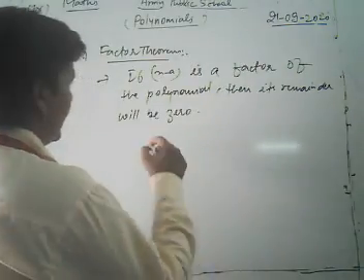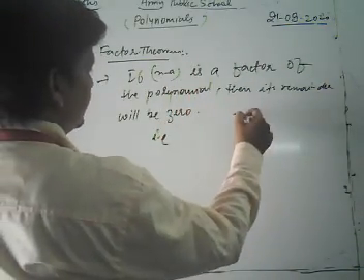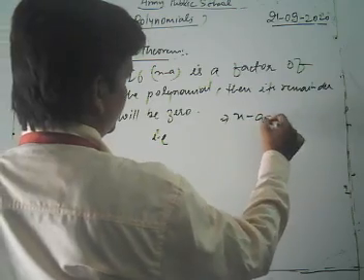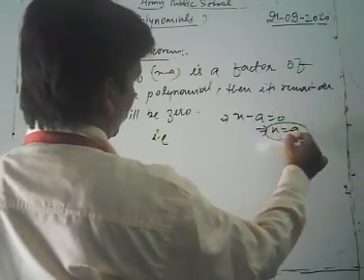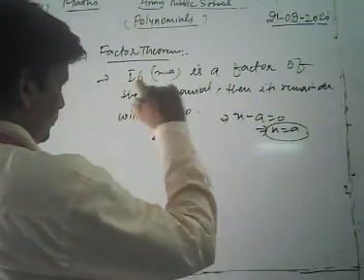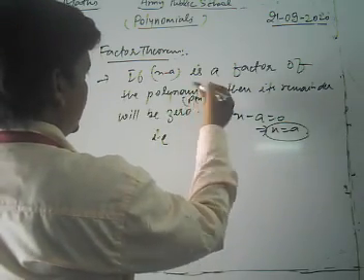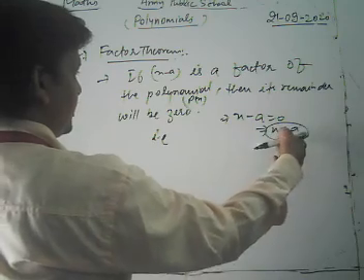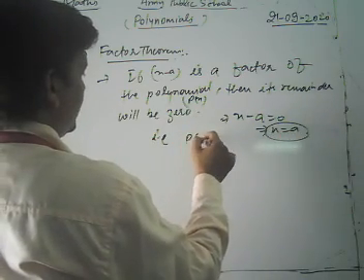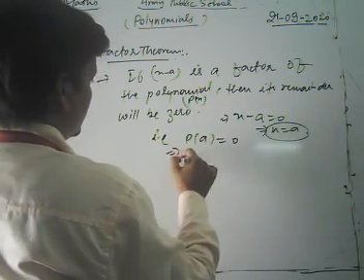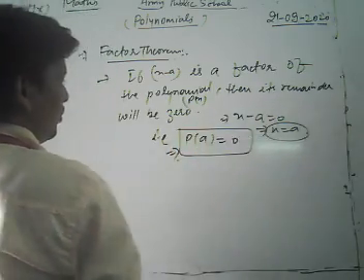That means we take x minus a equal to 0, so we get x equal to plus a. Now let p(x) be any polynomial. We replace x by a, so we can say that p(a) must be equal to 0. This is the necessary condition of the factor theorem.